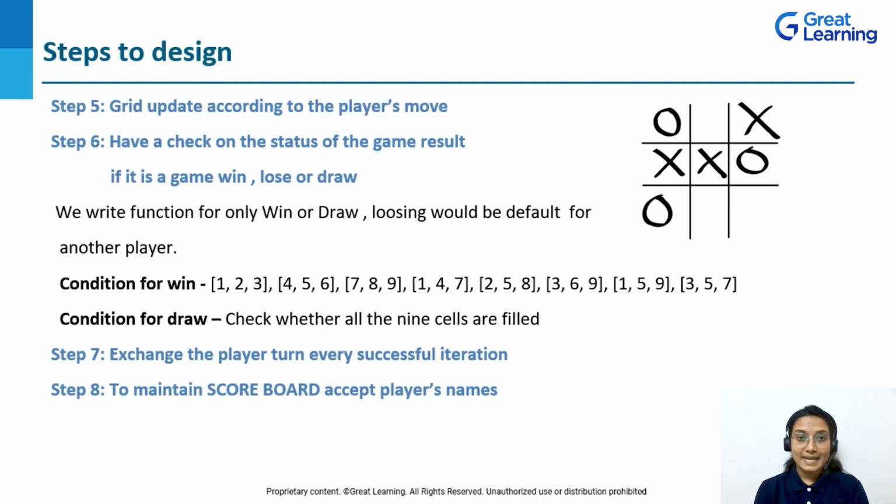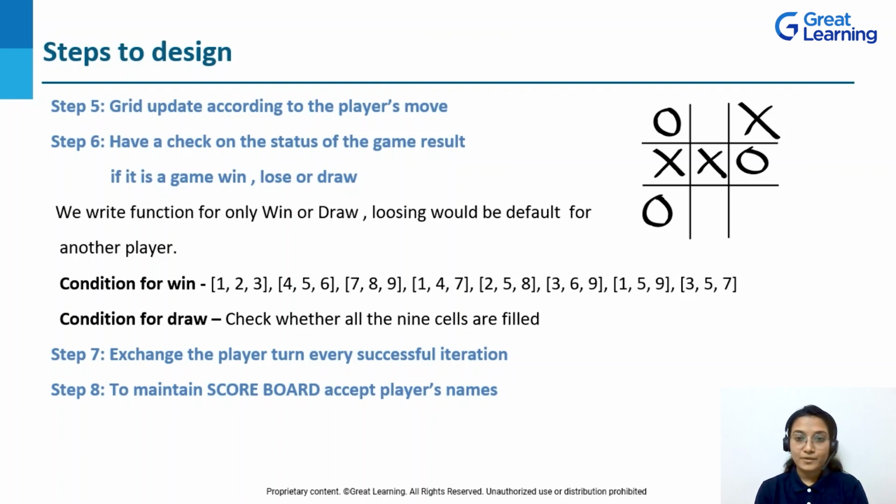Win mode has 8 different combinations of grid numbers, or cell numbers, where the person can win horizontally, diagonally, and vertically. So we have to mention all these cell numbers, and if a particular character consecutively falls in one of these combinations, we have to consider that a win mode.